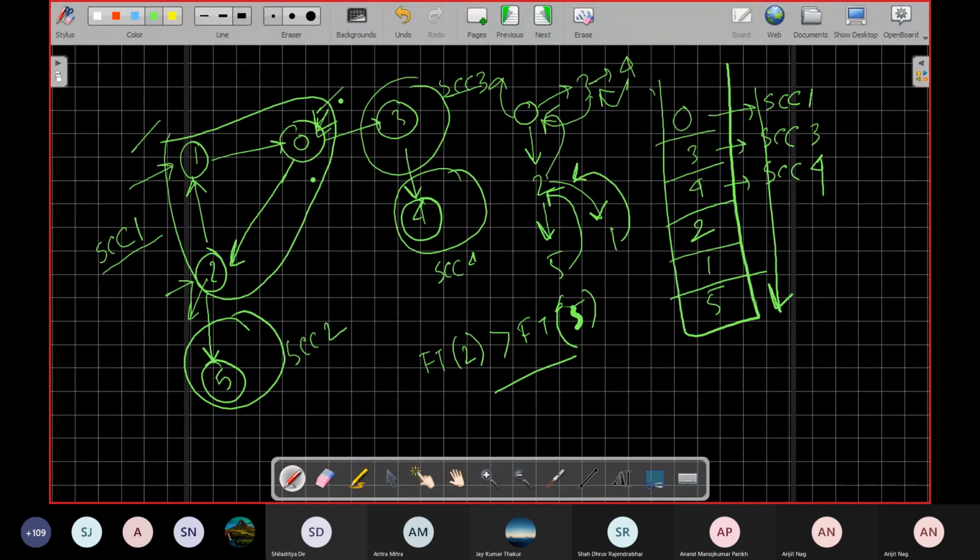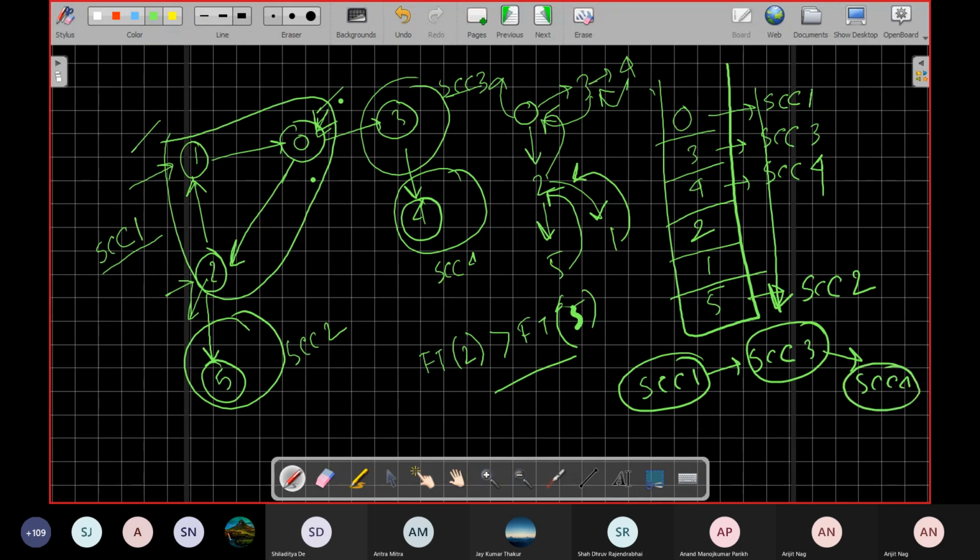And this is the strongly connected component of 2. If you draw the picture, it is like this way. SCC1 is connected to SCC3, SCC3 is connected to SCC4, and SCC1 is again connected to SCC2.